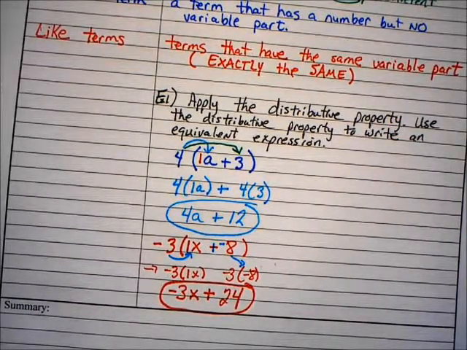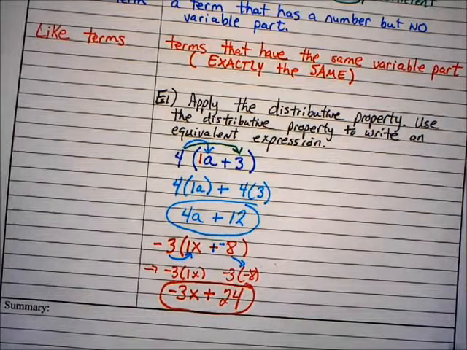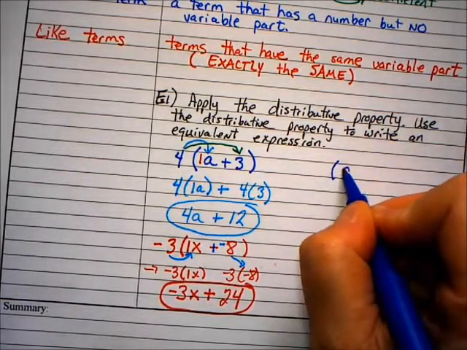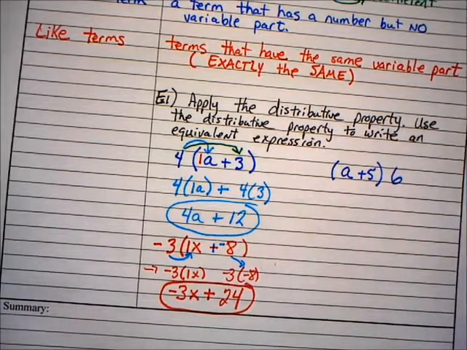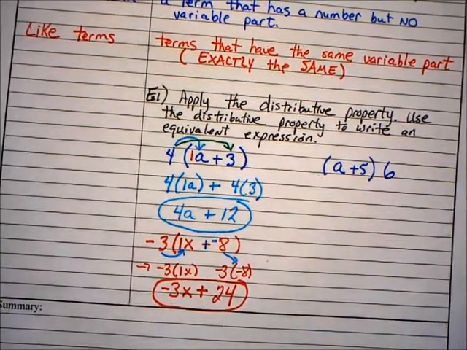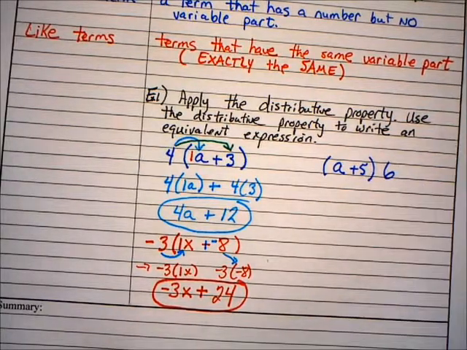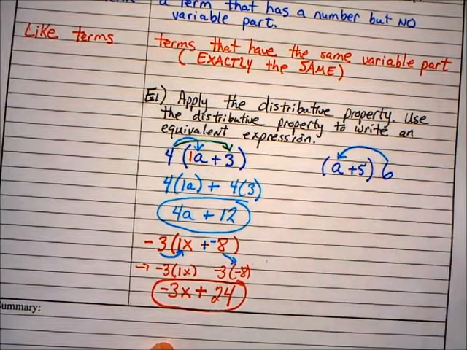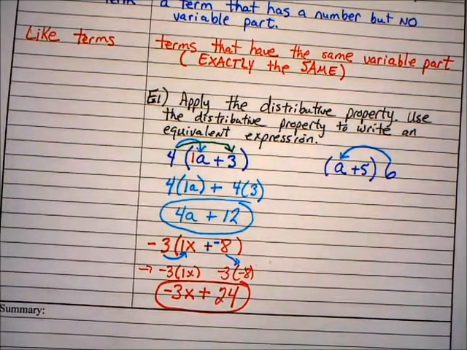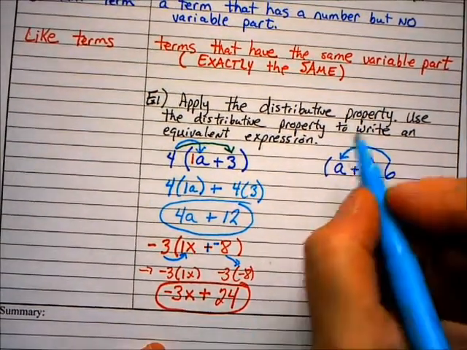Okay. What if it's backwards? Suppose I have a plus 5 and then a 6 is on the back side of things. Well, I have two options. I can either go ahead and multiply it backwards, which is alright. I can do 6 times this a, which, remember, there's an understood 1 in front of this.